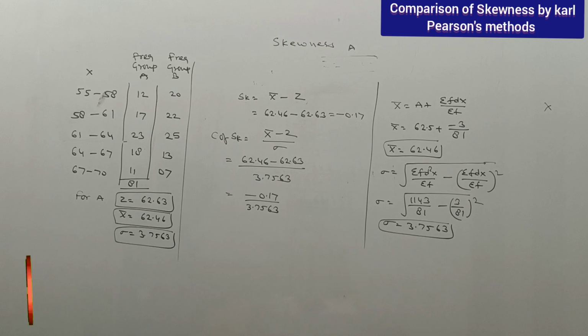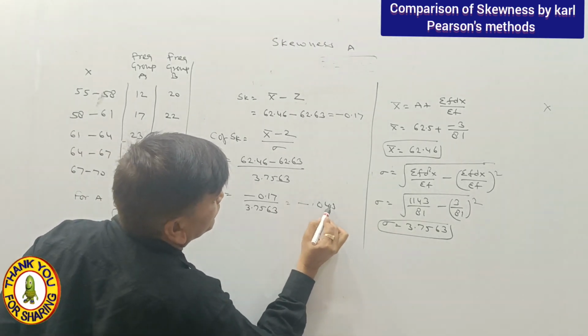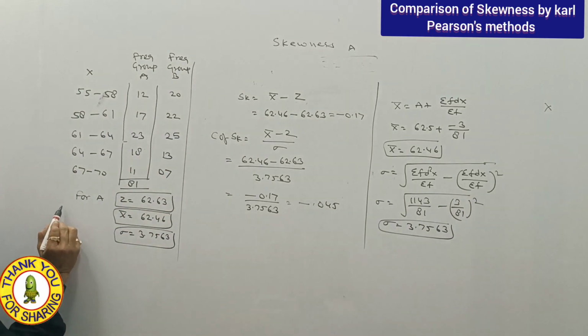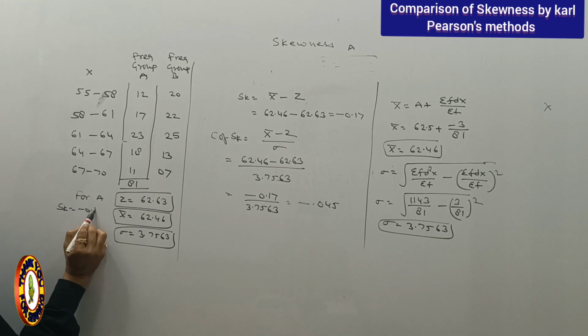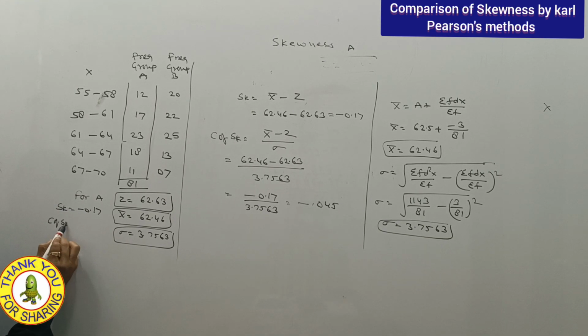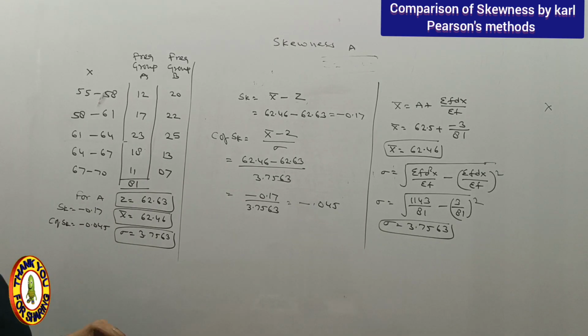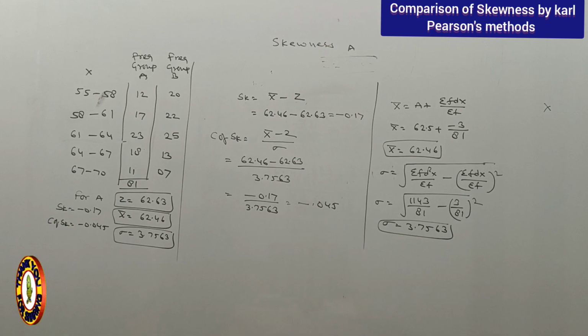So this is minus 0.045. So we have calculated skewness is minus 0.17 and coefficient of skewness is minus 0.045. Okay. This value we have calculated, so no problem at all.